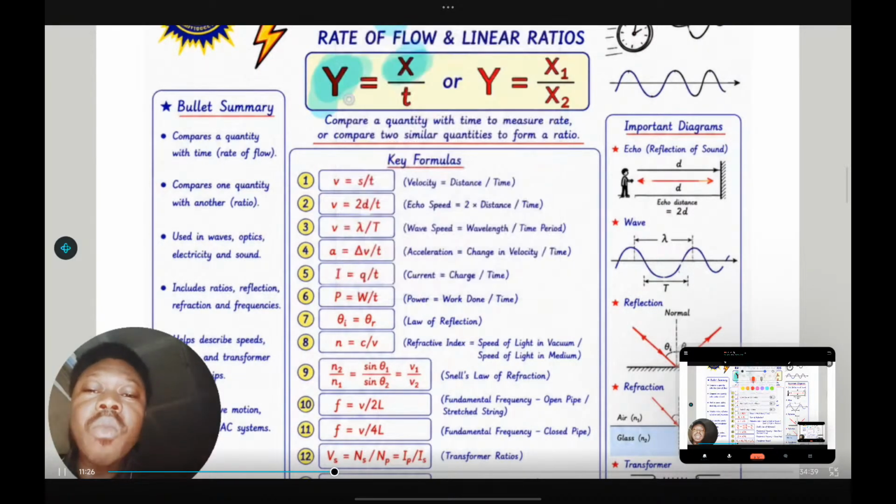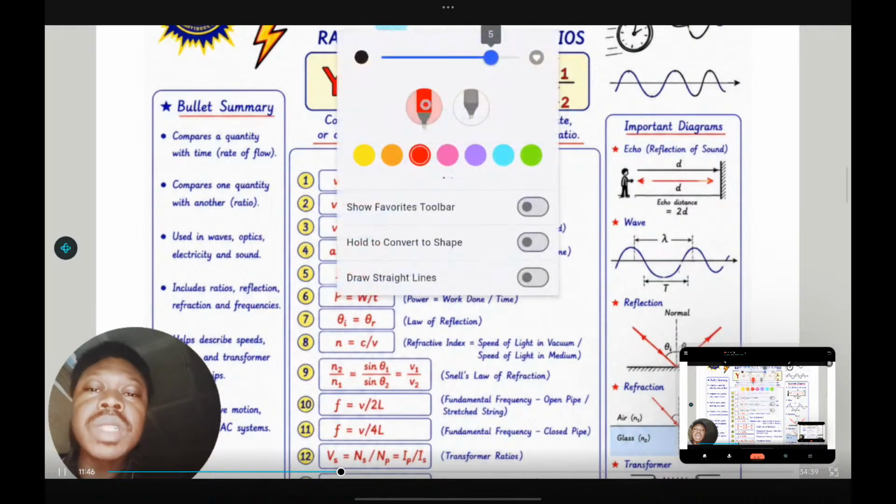Then this same y varies inversely as t. So what it means is, as y increases, t will decrease. As y is increasing, x will also increase.